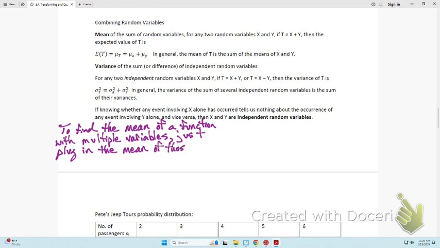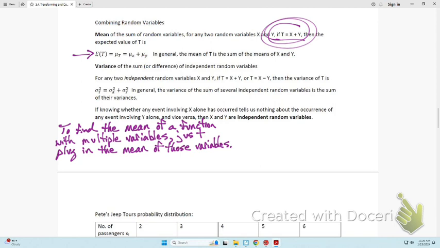It's almost too good to be true. And it's typed right above this. So if I know we have a function, t is x plus y, right here. If I want the mean of t, I plug in the mean of x and the mean of y, done. Add them together. Same with the difference, plug in the mean of each and subtract.